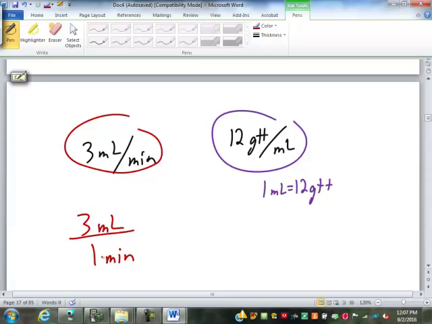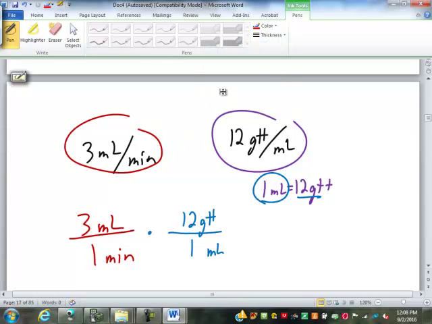When we talk about ratios, we'll talk about that a little bit more. And we can multiply that fraction by, now we want to leave the minutes, we want to change the milliliters into drops. So to get rid of milliliters, I'm going to put them on bottom so that they cancel out. 1 milliliter equals 12 drops. So again, this is a unity fraction because 12 drops and 1 milliliter are the same amount.